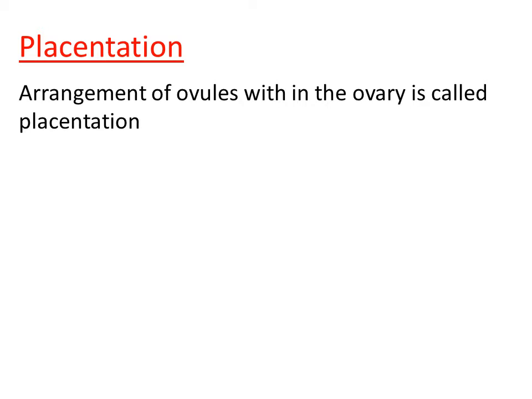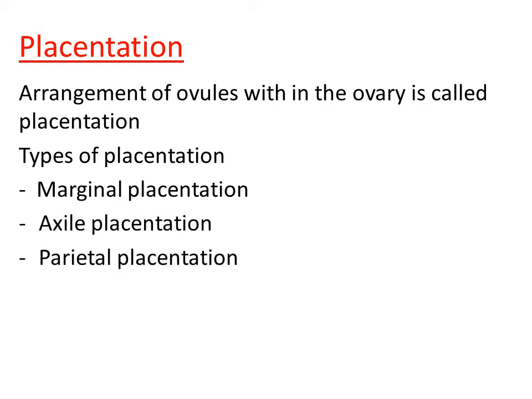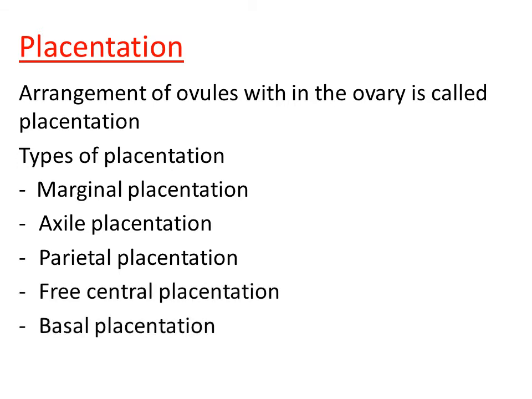There are 5 different types of placentation that can be seen in plants. One is marginal placentation, and second one is axial placentation. Third one is parietal placentation. Fourth one is free central placentation, and the last one is basal placentation.